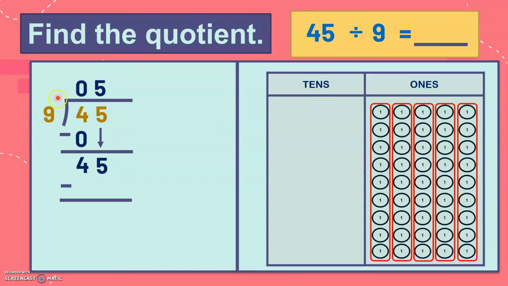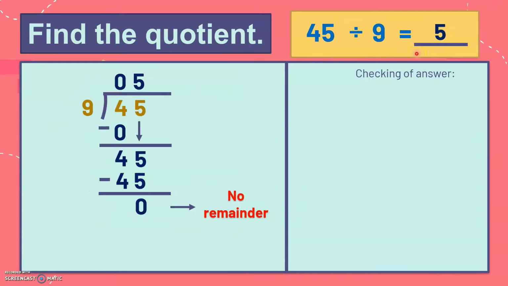So 5 times 9 is equal to 45. And 45 minus 45 is equal to 0. As is, there is no remainder. And there's no number to bring down. So 45 divided by 9 is equal to 5. Again, to check it, we can multiply the quotient and the divisor. So 5 times 9 is equal to 45.